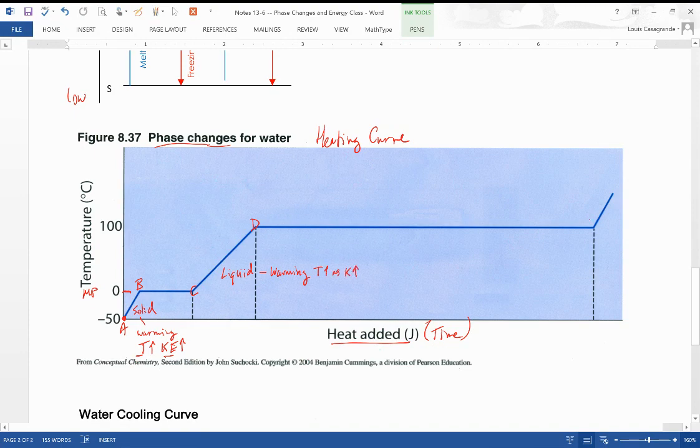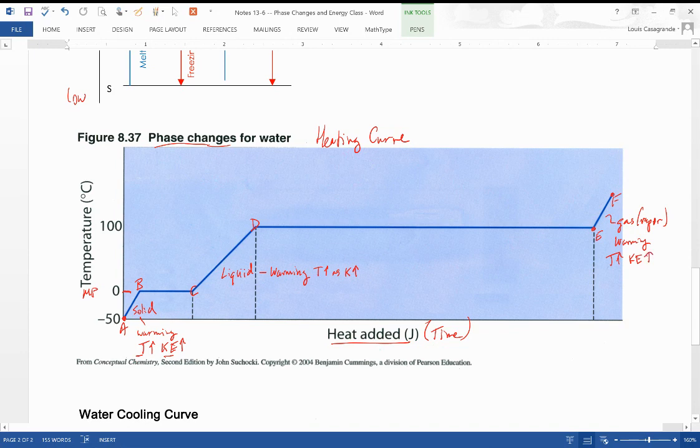And finally, all the way to the right here, point E to point F. That's in the gas phase or the vapor phase. Remember, vapor is just anything that is in the gas phase that we usually think of as a solid or a liquid, like water. And again, we're warming as the kinetic energy goes up, the temperature goes up.